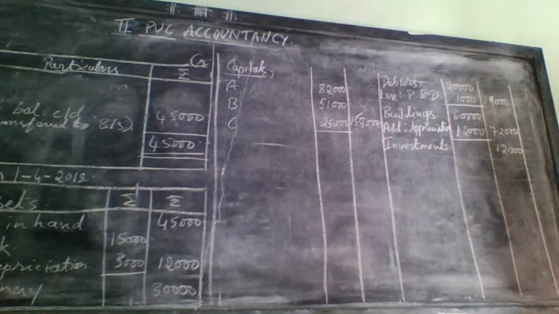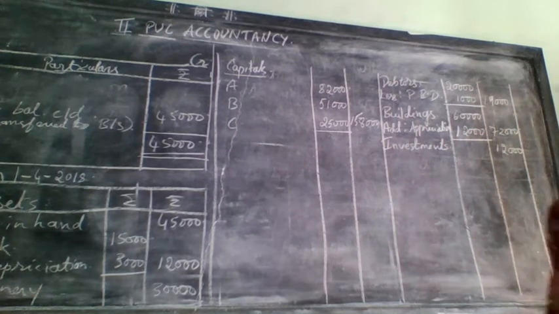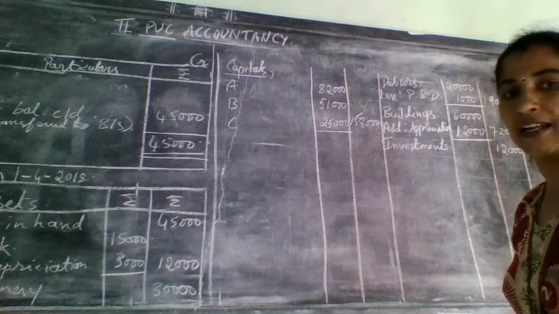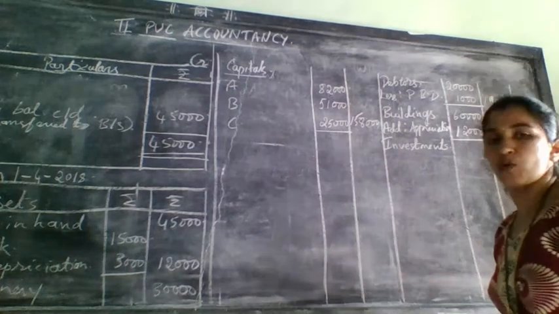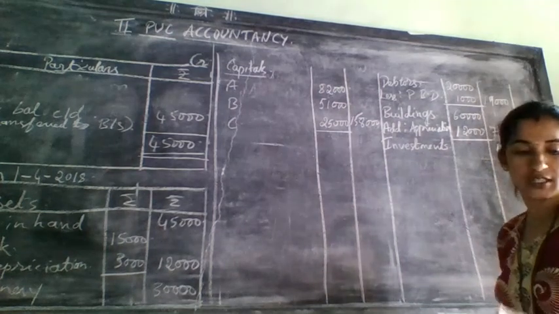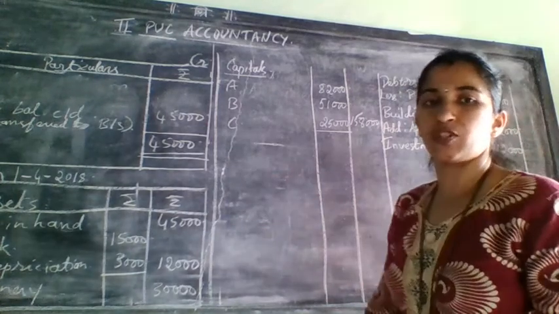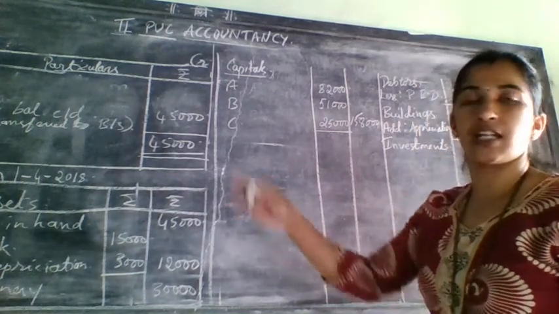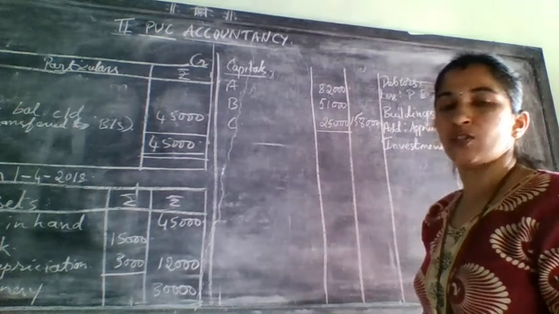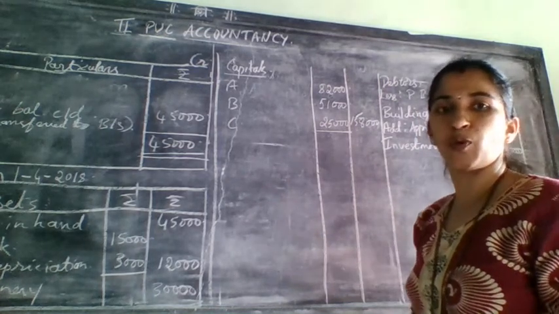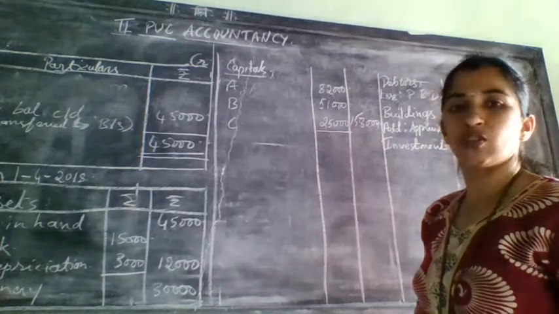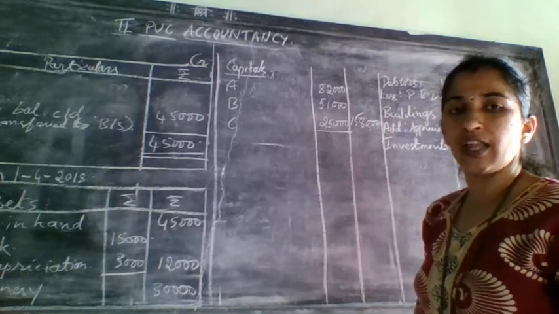Next, last adjustment, they have given outstanding salary rupees 2,000. Once you have taken the 2,000 outstanding salary on the debit side of the revaluation account, that is considered an unrecorded liability. One more time you have not given the entry, so that is an unrecorded liability.